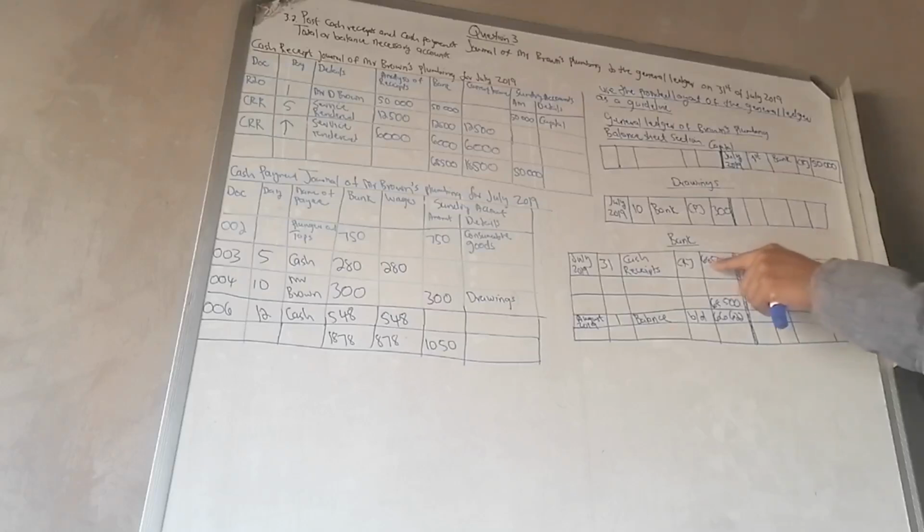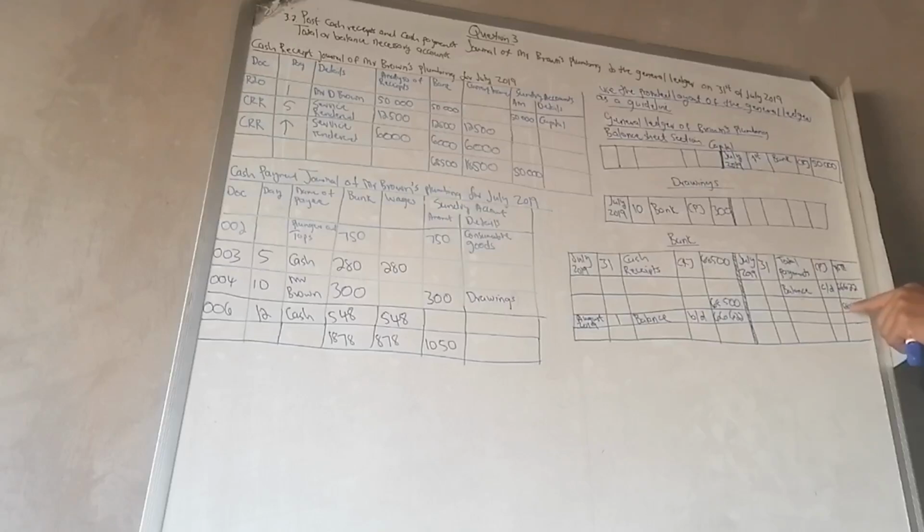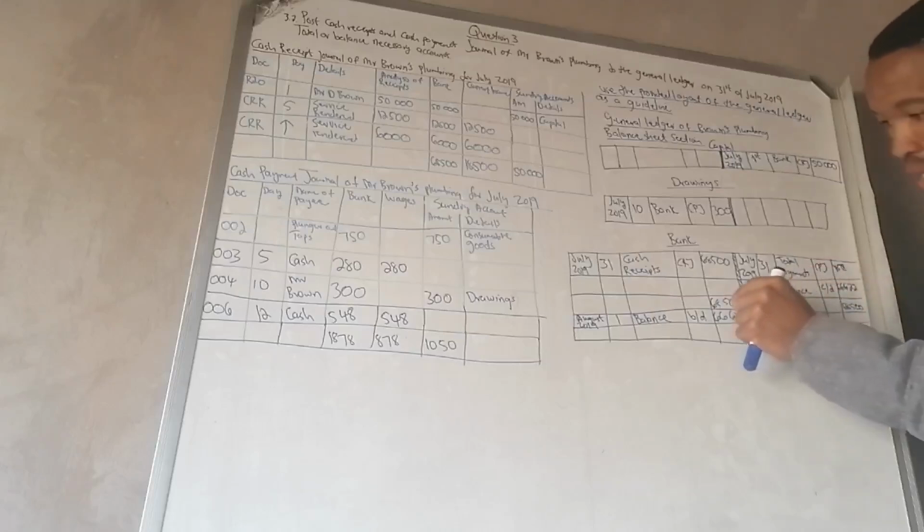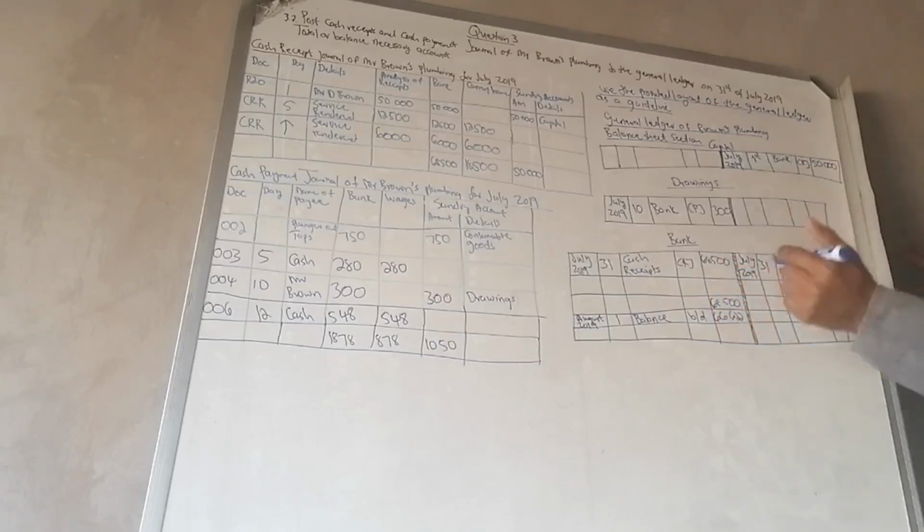1,878 is short of 68,500. Is short of 66,622. This 68,500 will be recorded on your cash receipt journal. Straight lining, the amount of it, that 68,500.